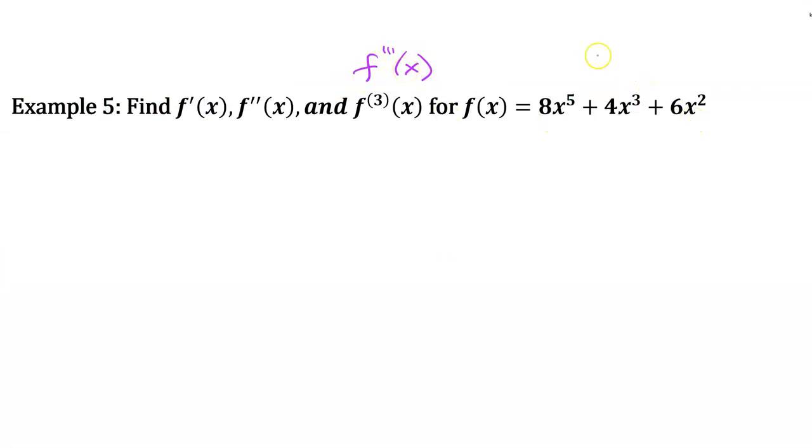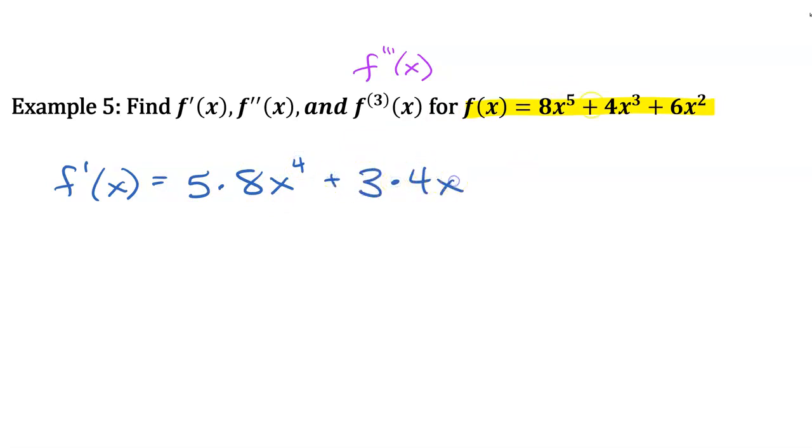So, our lovely function here, power rule every time. So we take the power, we pull it out front, and we go down a power. So the first derivative would be 5 times 8x, go down a power, so that's to the 4th, plus 3 times 4x, down a power, plus 2 times 6x, down a power, would be to the 1st.